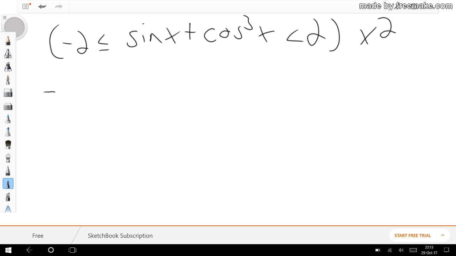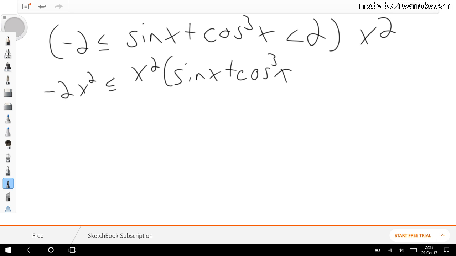We get negative 2x squared is less than or equal to x squared times sine x plus cos cubed of x, which is less than 2x squared. And yeah, so we're starting.